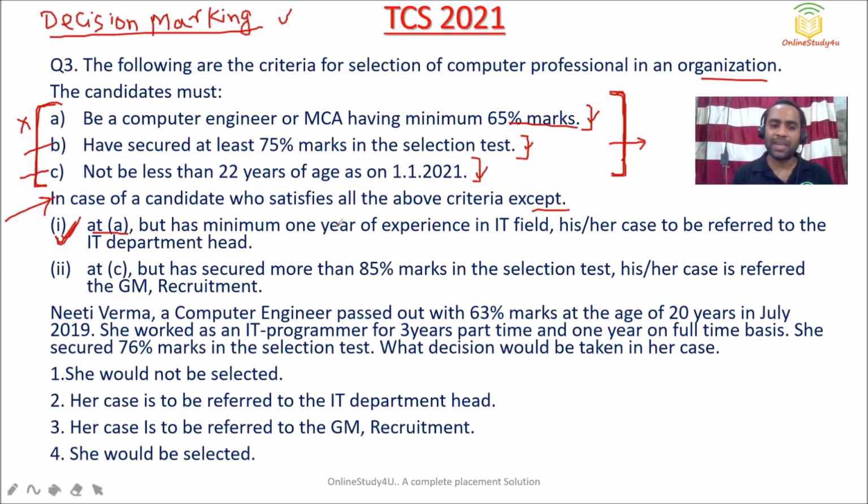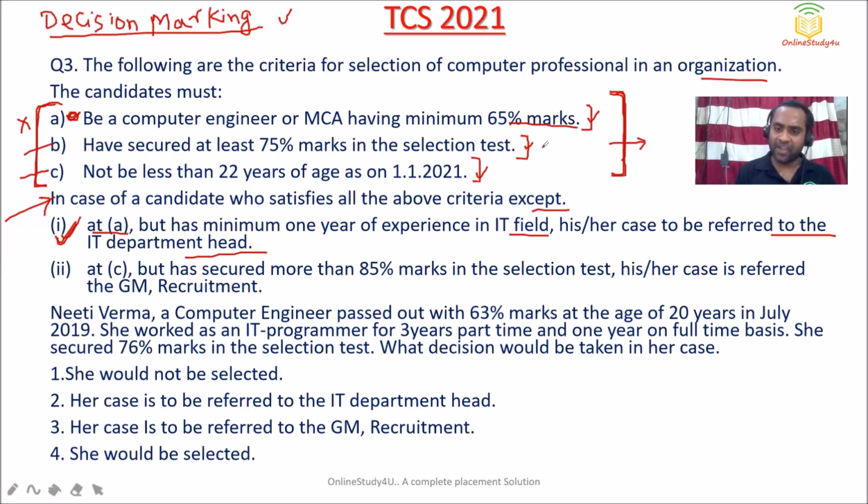But if he or she has a minimum of 1 year of experience in the IT field, then his or her case is to be referred to the IT department head. So now the IT department head will have to take a decision whether they should select that particular student or not.